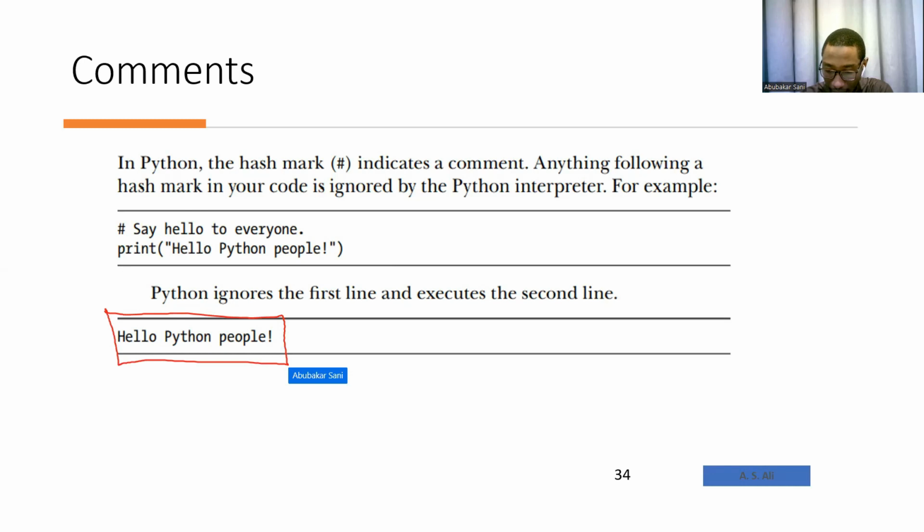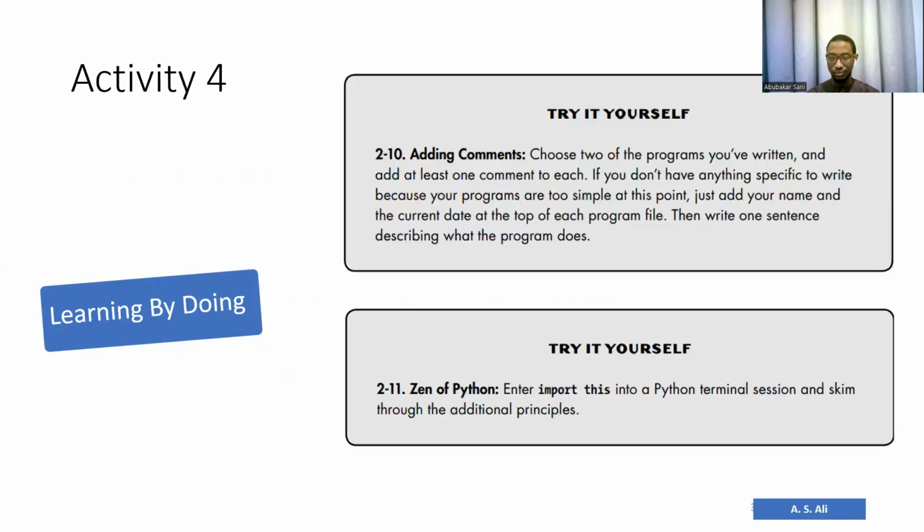So this line is just for you and for others, for human beings, not for the machine. All right. So it's always good to write comments, and we can look at the code we have earlier and see if we can write some comments on some of the lines we created. So let's move to Google Colab.